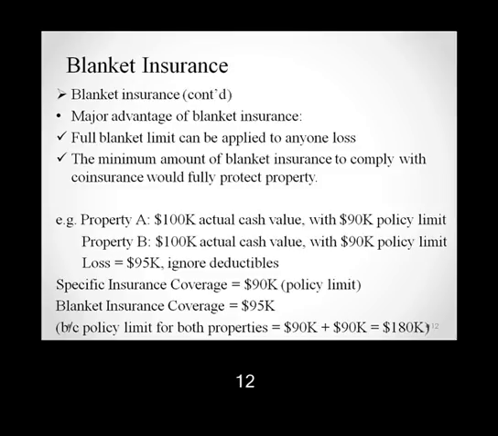Now with a $180,000 policy limit for both properties, it goes beyond your loss, that is $95,000. Therefore, all of your loss will be covered. So the insurance company will compensate you with the total amount of your loss, which is $95,000. So again, with the same policy limit, the same co-insurance percentage, blanket insurance will cover your property in a more comprehensive fashion.